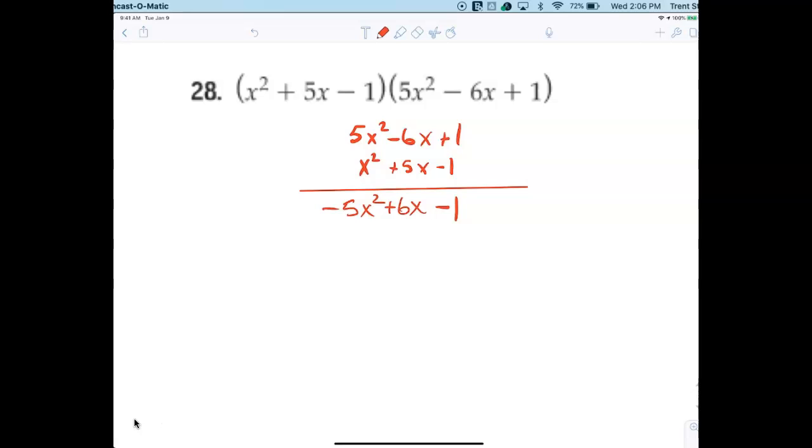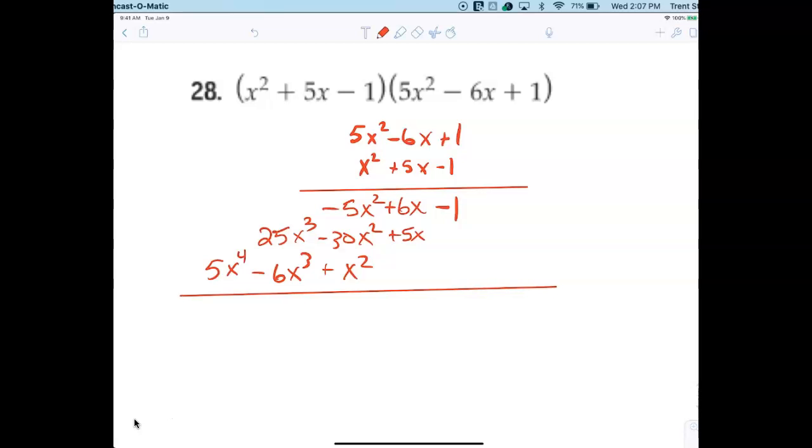Next I'm starting with 5x. 5x times 1, positive 5x. 5x times negative 6x, negative 30x squared. 5x times 5x squared, positive 25x cubed. x squared times 1, positive x squared. x squared times negative 6x, negative 6x cubed. x squared times 5x squared, and then 5x to the fourth, positive.